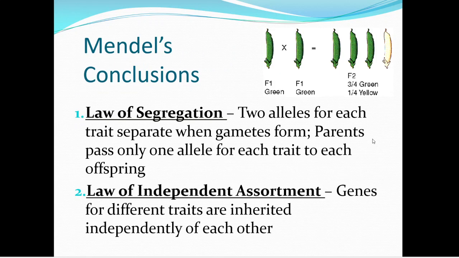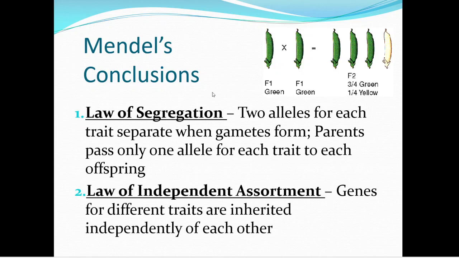So his conclusions were, first, the law of segregation. He realized that there must be two copies, a copy from the mother and a copy from the father, and they separate by themselves. Remember in meiosis, when your gametes are made, you have your 46 chromosomes, but in the gametes we only have 23 because we only have one copy.